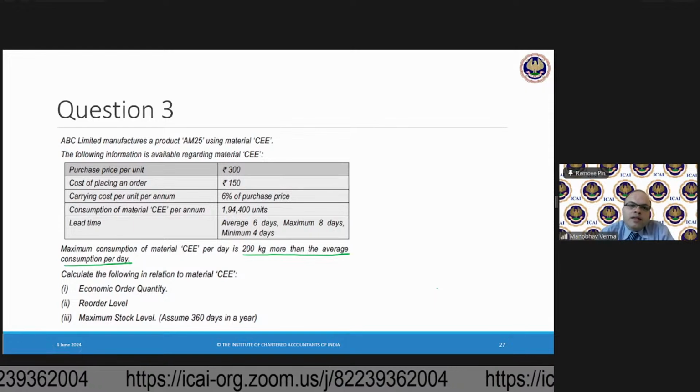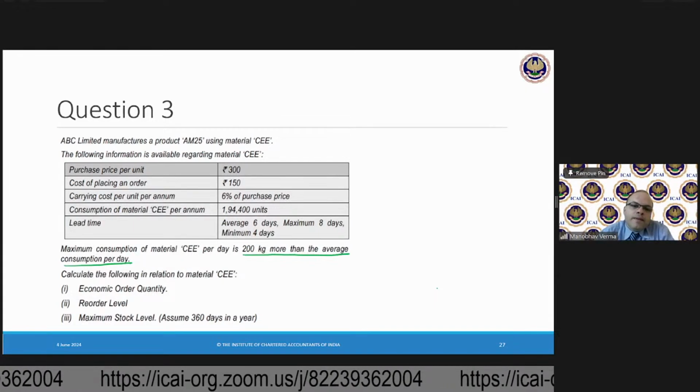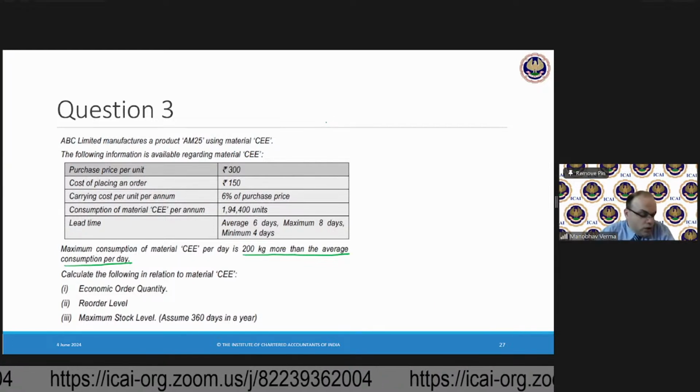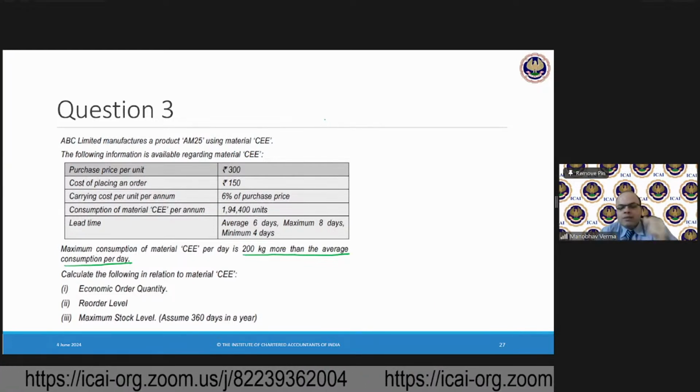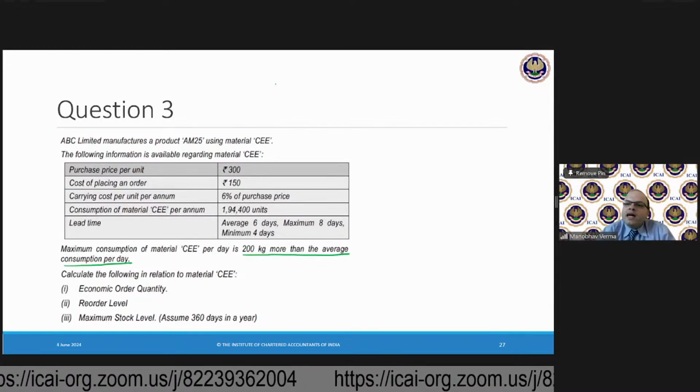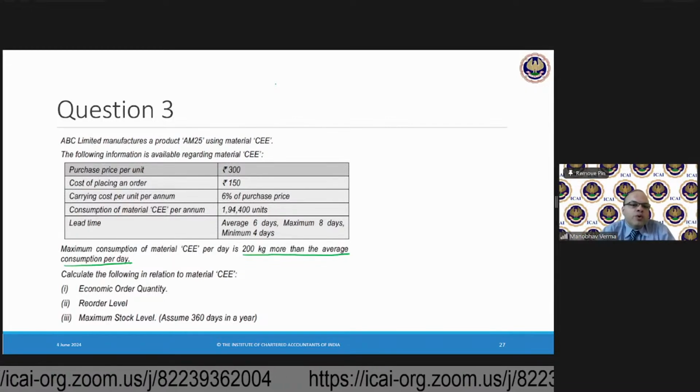Now here we are looking at a requirement of EOQ, reorder level, and maximum stock level. So I would invite you guys to tell me, how do we approach the EOQ requirements here?